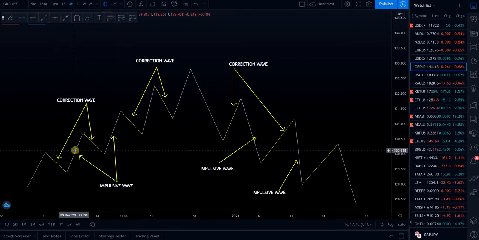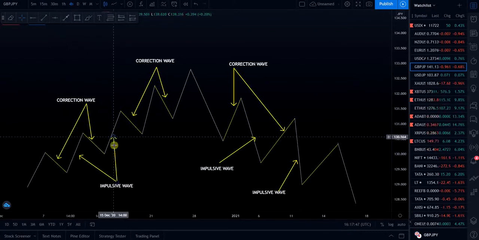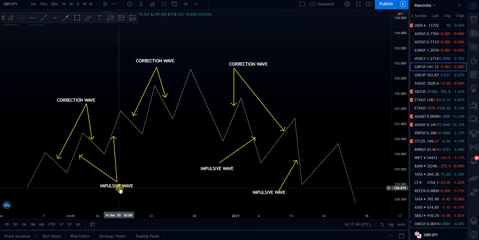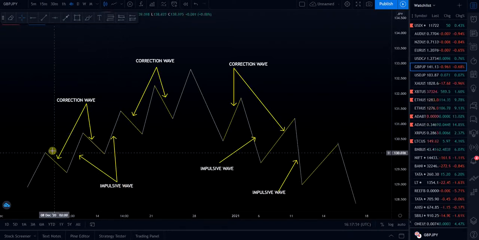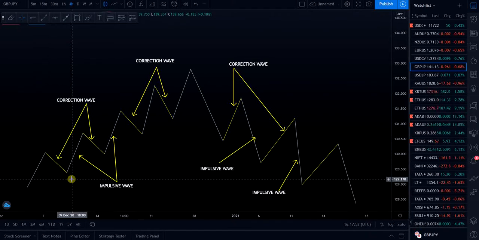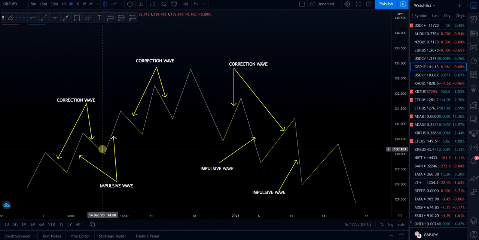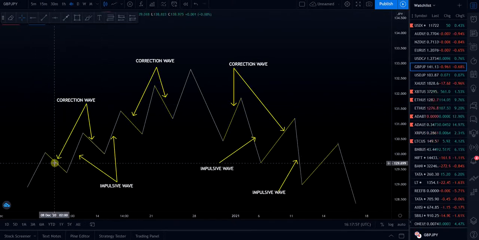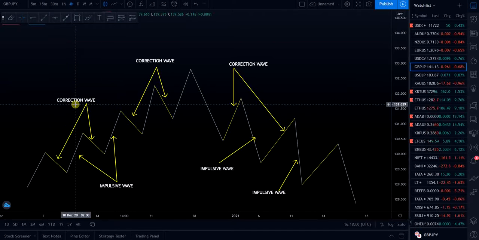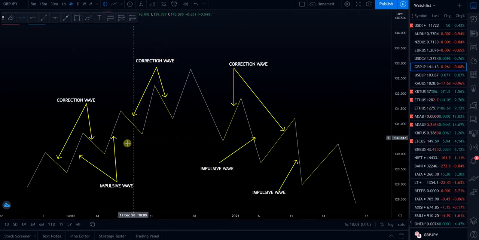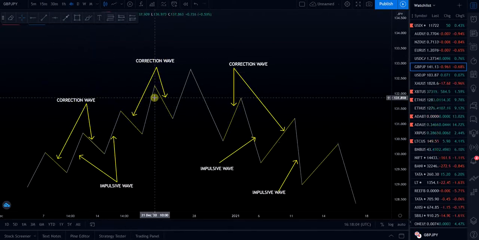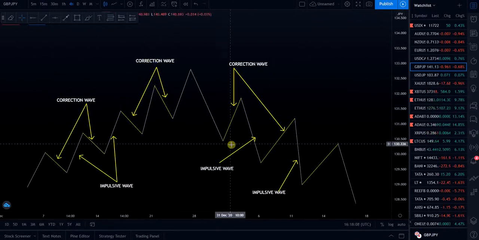These white lines indicate the impulsive wave, and the yellow lines which are going downside, against the trend, indicate a correction wave. Same for this. All these yellow lines in a bullish trend are correction waves.